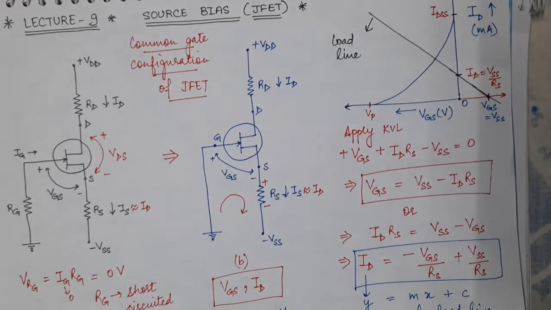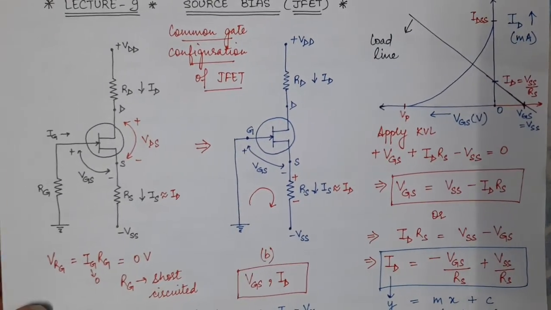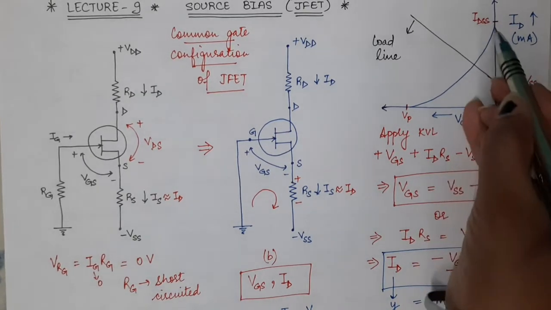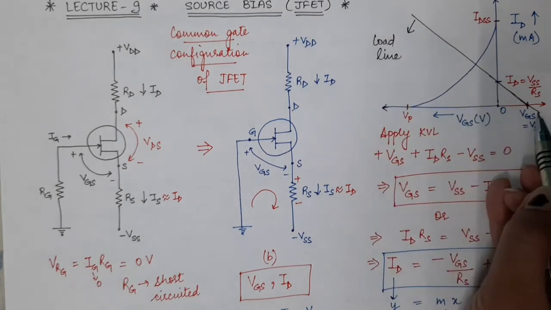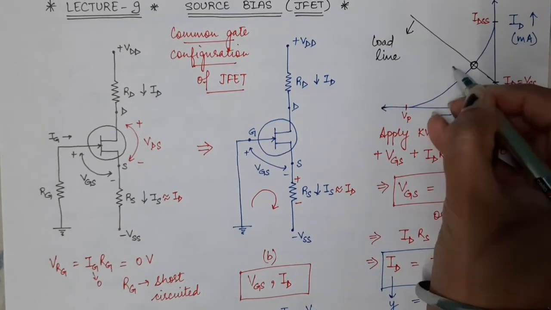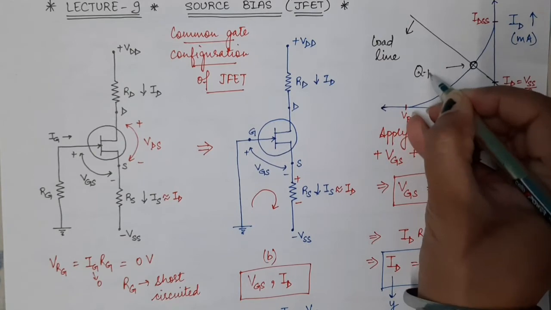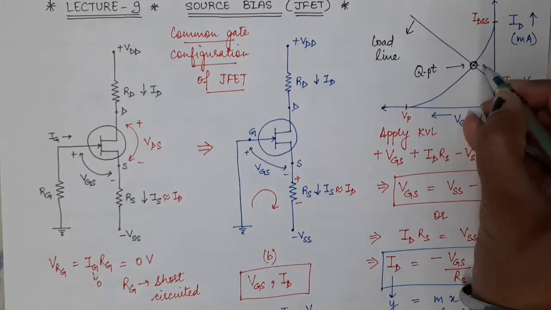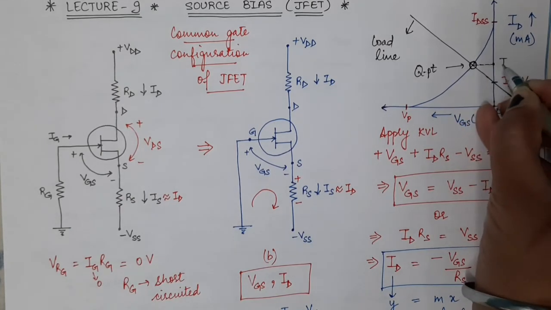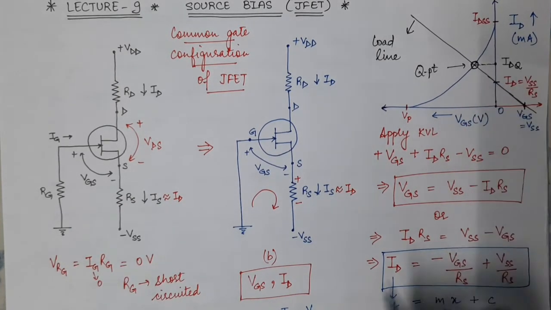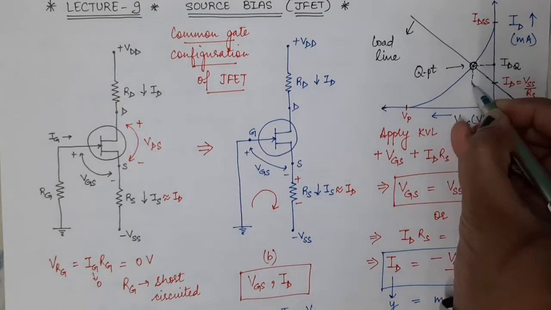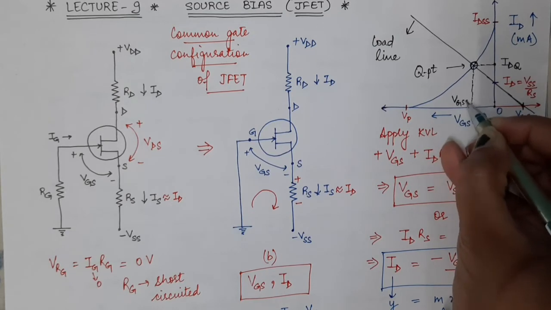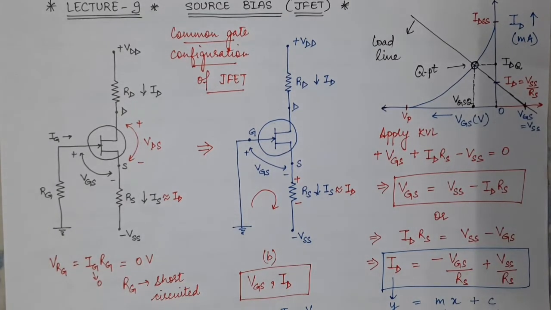And what is the proper operating point or the Q point? It is the point of intersection of the characteristic curve and the load line. So this point is the proper operating point. This Q point will give you the value of drain current and the corresponding value of gate source voltage at the operating point.